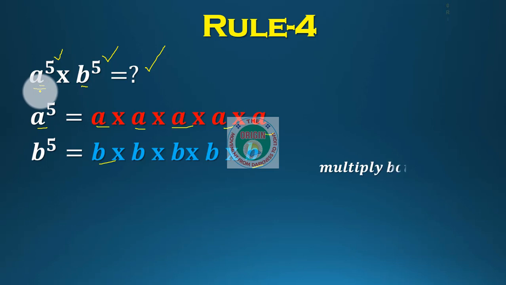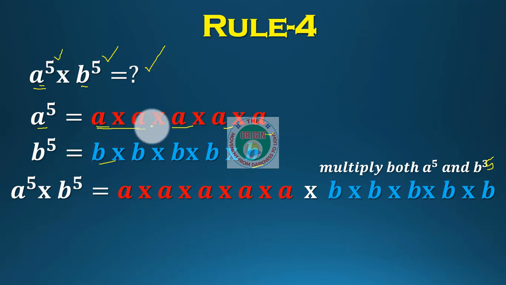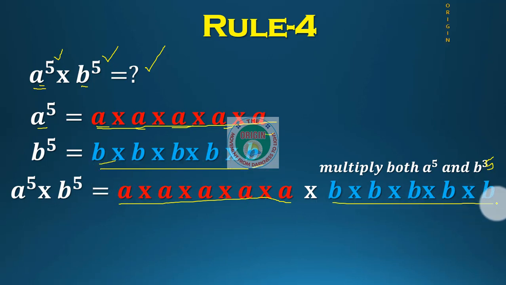Multiply both a power 5 and b power 5. a power 5 into b power 5, both I am multiplying here.